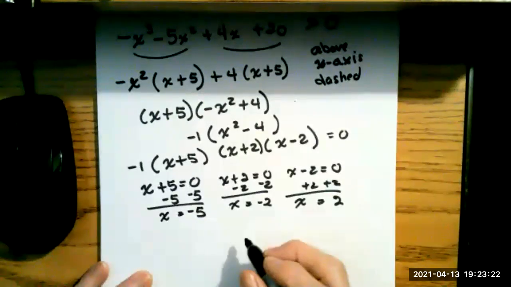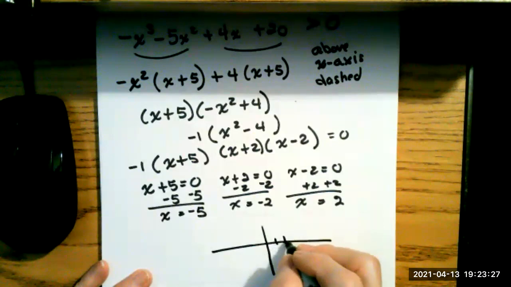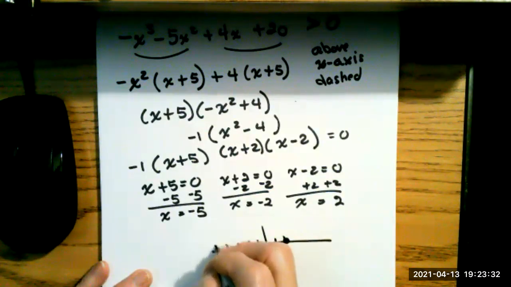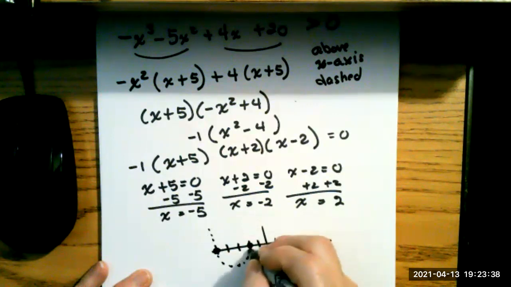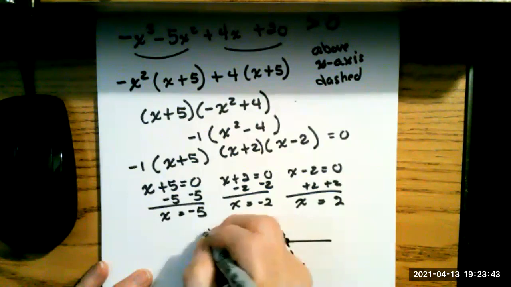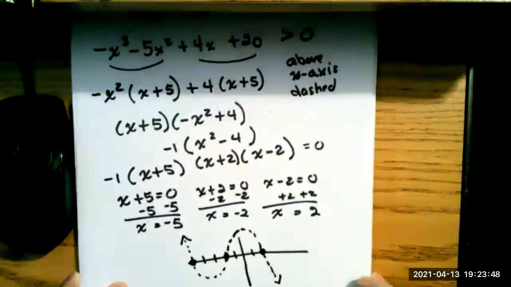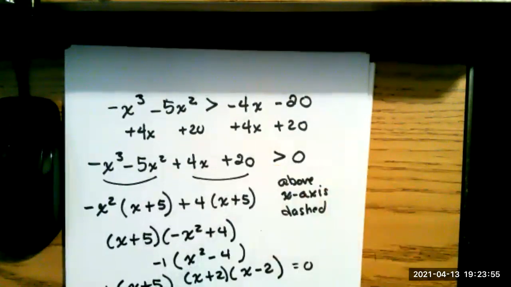Okay, so let's see what we've got here. We've got a 0 at 2, a 0 at negative 2, and a 0 at negative 5. I'm going to show you kind of what it looks like, and then I'm going to graph it and show you the two. It looks like one of your normal cubic curves, but I have to remember that I want the part that is above, because my problem started out as a greater than.